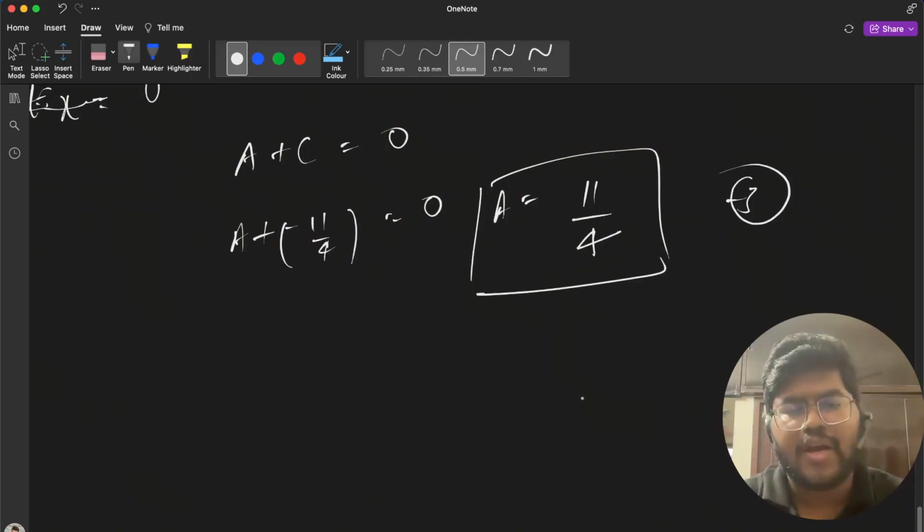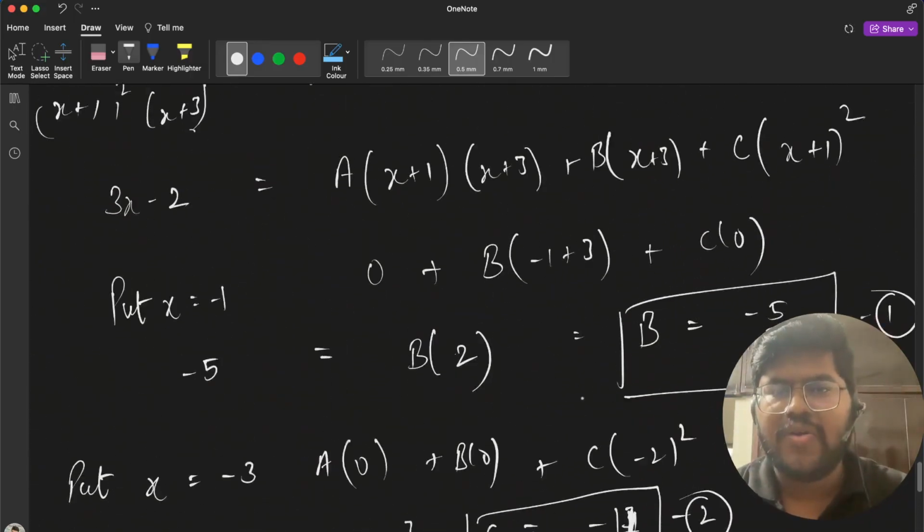Now just put the values of a, b, c in the required integration.